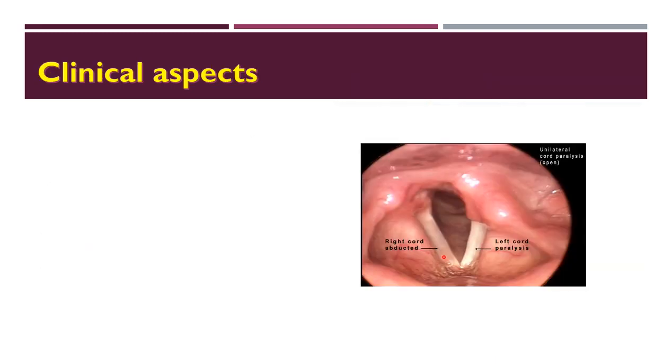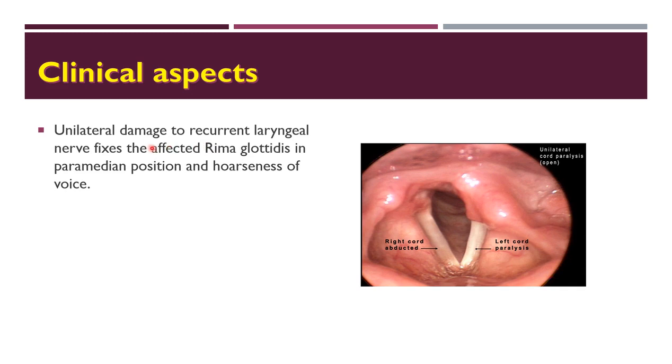So coming to the clinical aspects. Mainly what happens is if there is unilateral damage to the recurrent laryngeal nerve, one half of the muscles of the larynx are paralyzed and you are able to see the vocal cord is in an adducted paramedian position. So here you are able to see what happens.